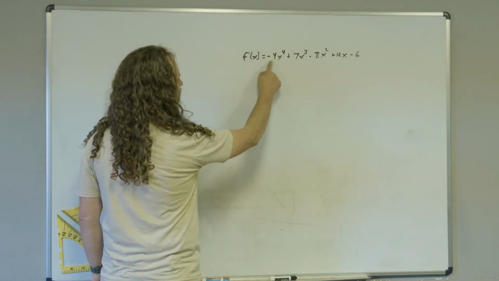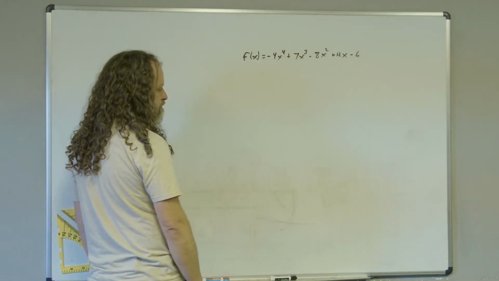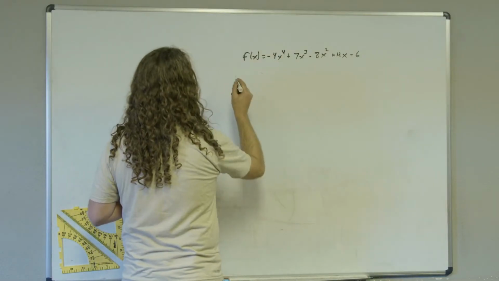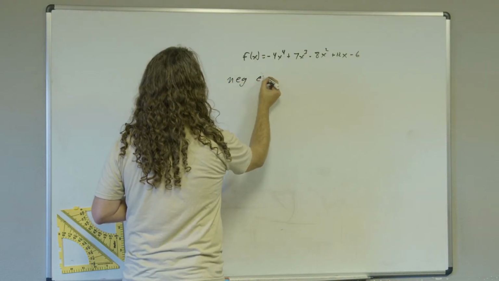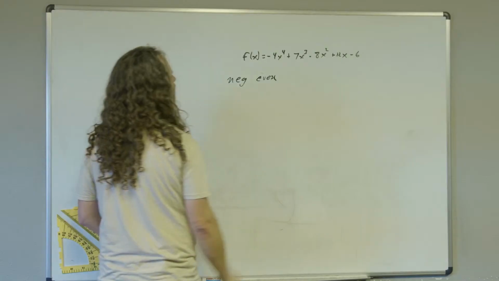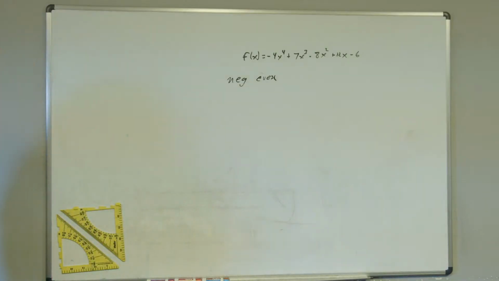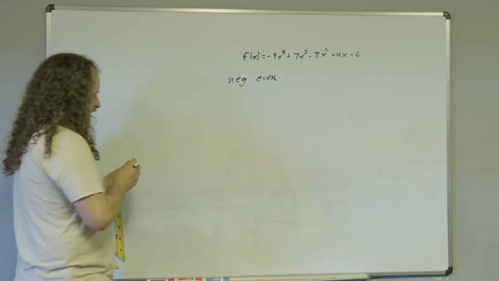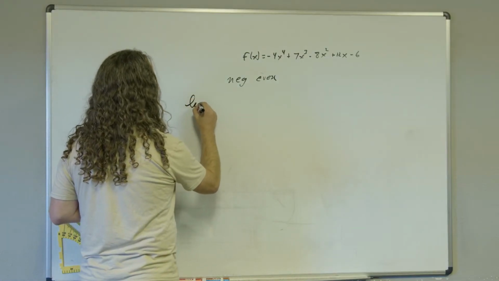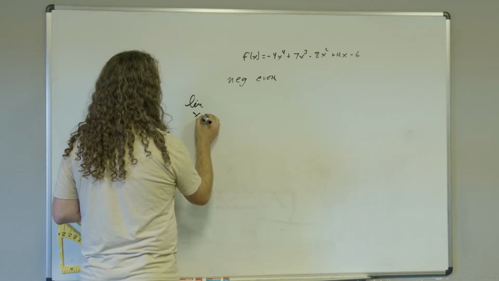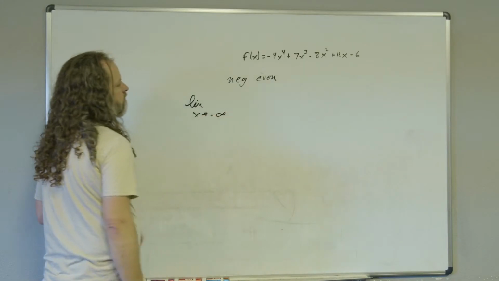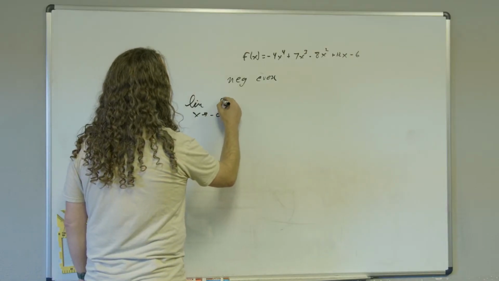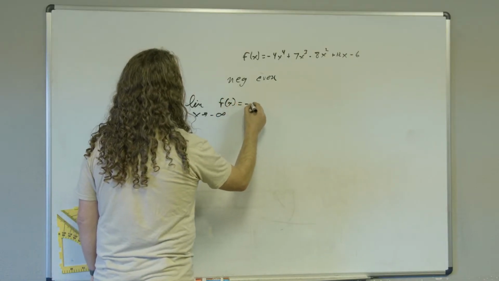This is negative with even degree. We have 4, which means the sign changes. So it's negative with even degree. What is it going to look like? A parabola-type shape facing downwards. So what is the end behavior? The limit as x approaches negative infinity of f of x is negative infinity.